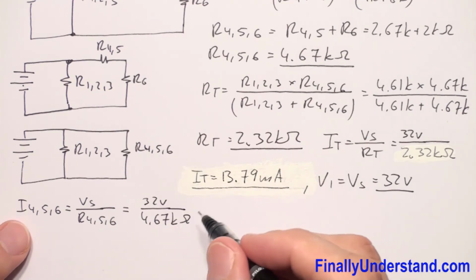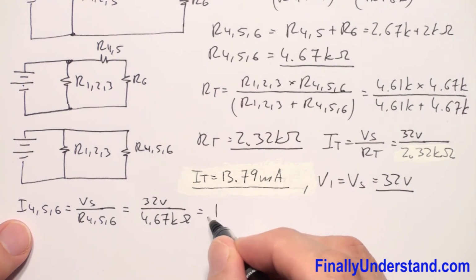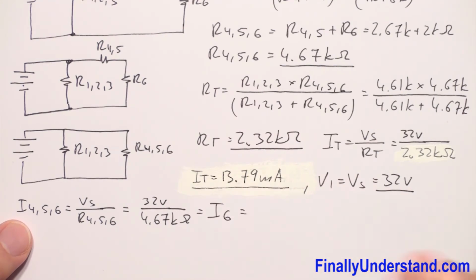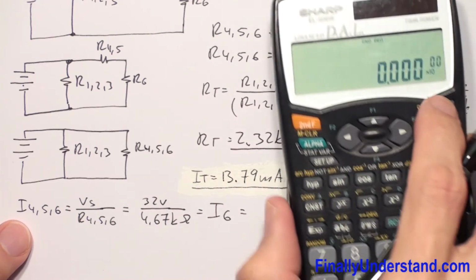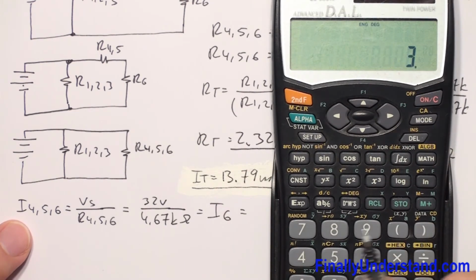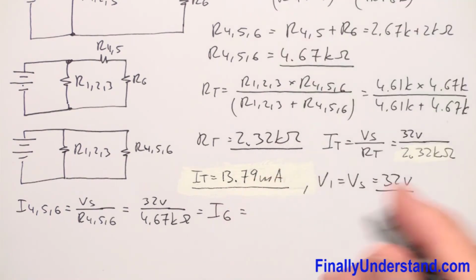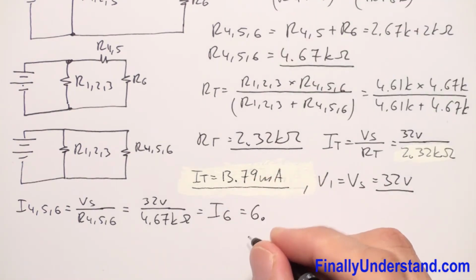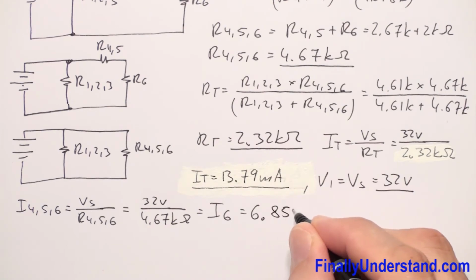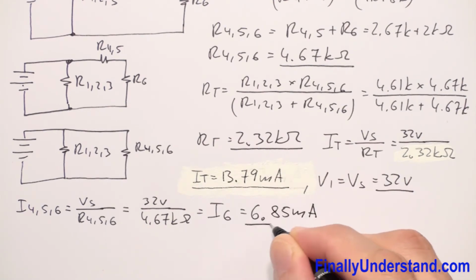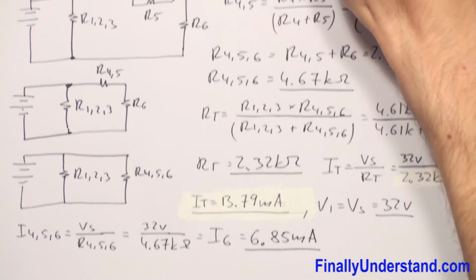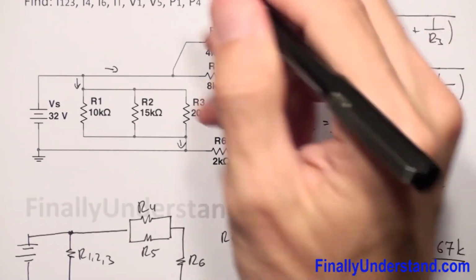And this is also going to be my I6. So this is 32 divided by 4.67 exponent 3, which equals 6.85 milliamps. This is my I6.